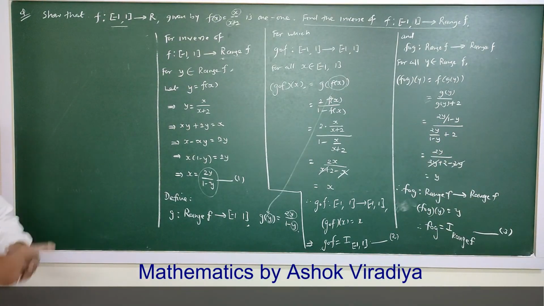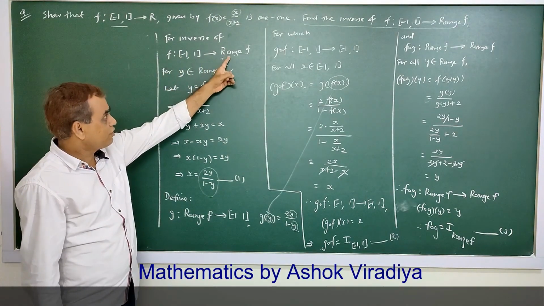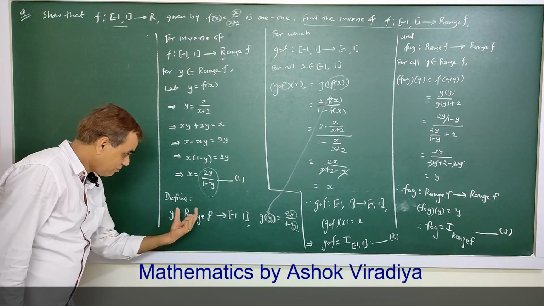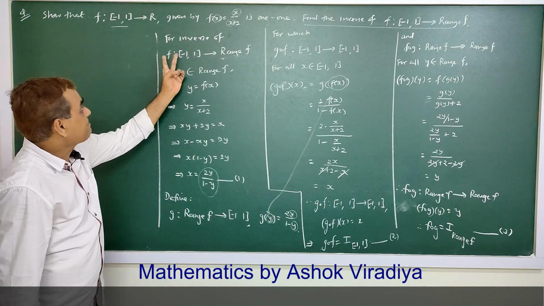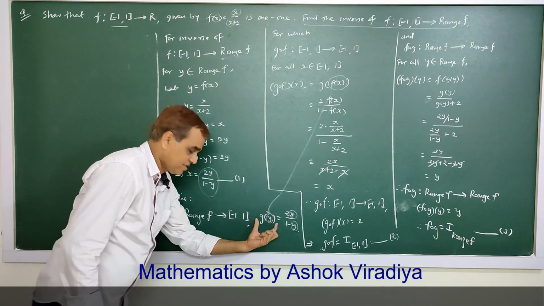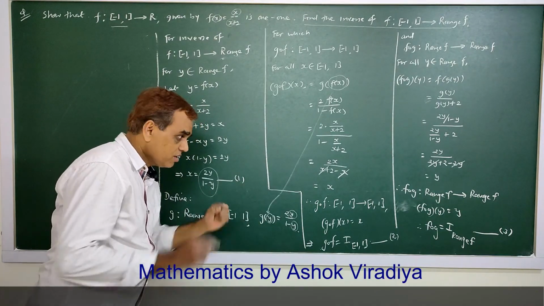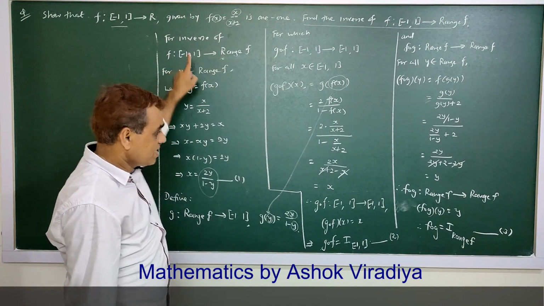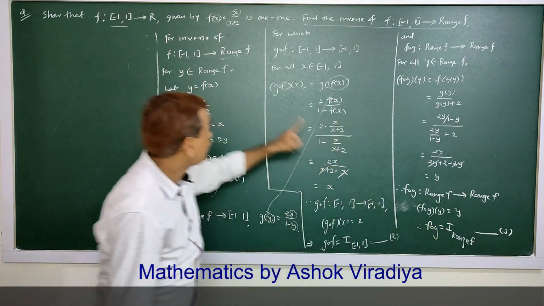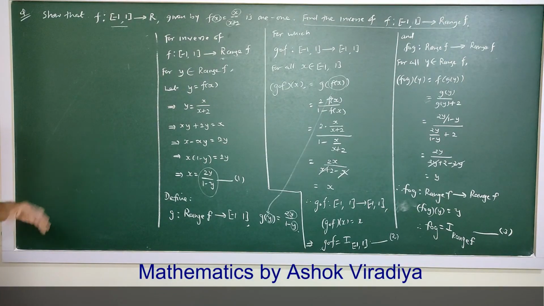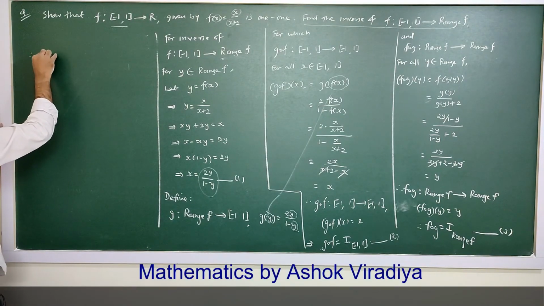So see again, for this function, f from A to B, we have found g from B to A such that g∘f is the identity function on A and f∘g is the identity function on B. Therefore f is invertible.